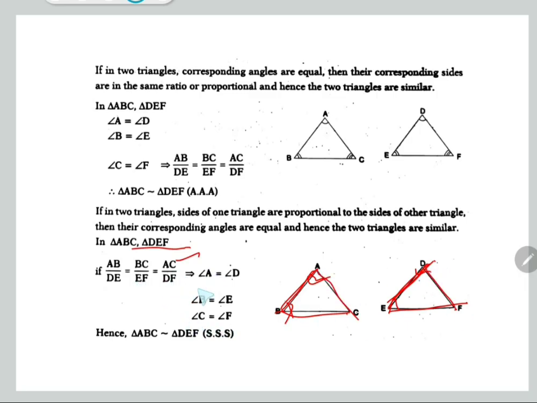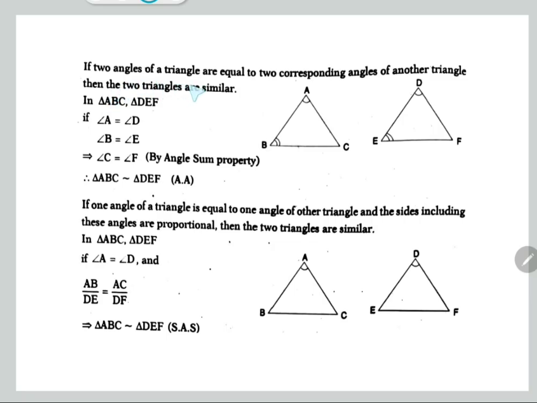Then this implies angle A is equal to angle D, angle B equal to angle E, and automatically the third angle should be equal, angle C equal to angle F. Hence triangle ABC is similar to triangle DEF, because all the corresponding sides are proportional.